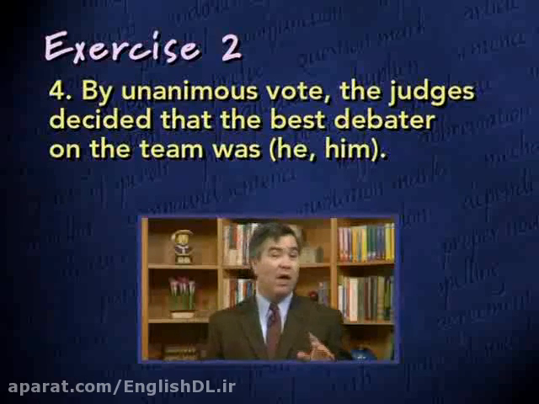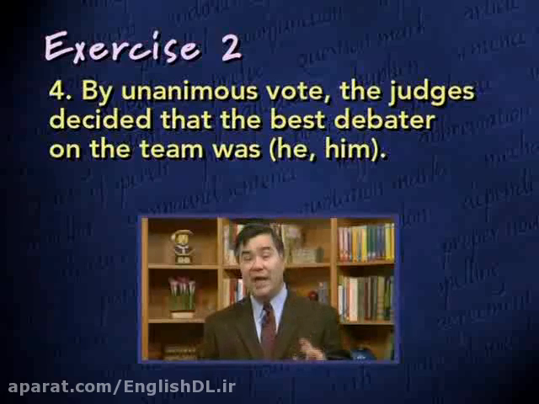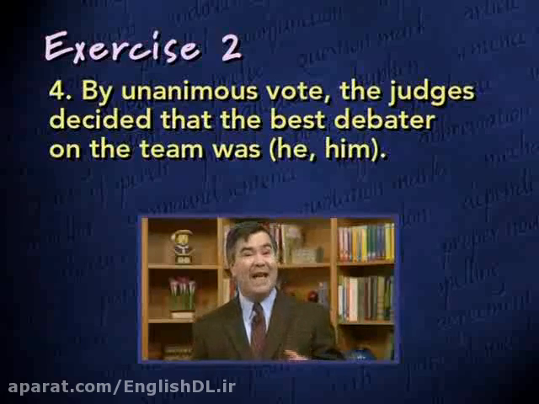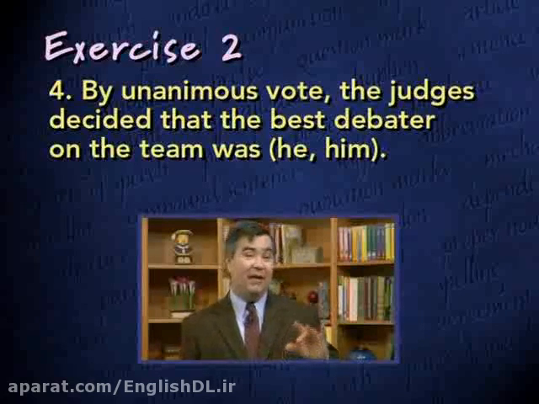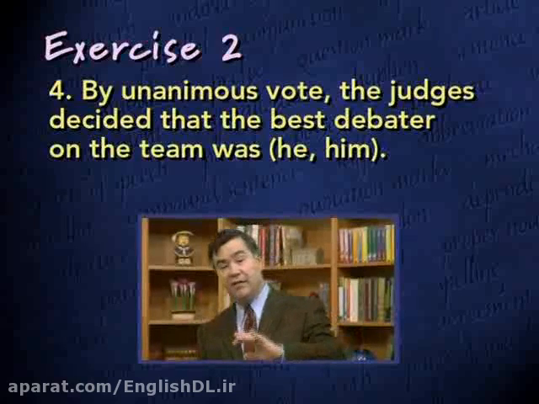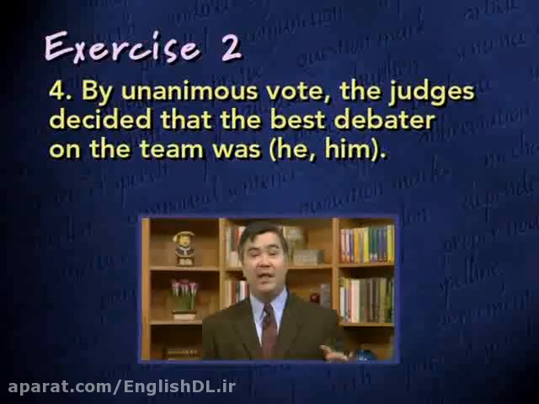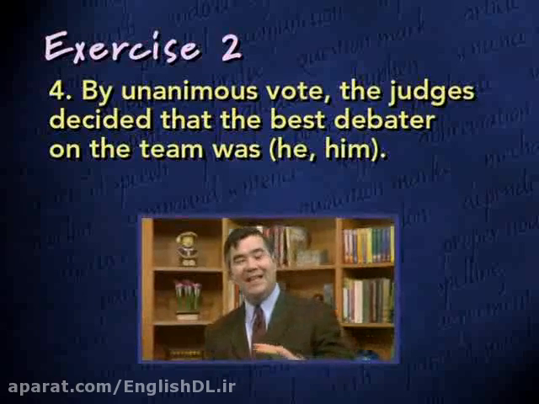Well, remember that one of the ways that a subjective case pronoun is used is when the pronoun is being used as a subject complement. In other words, after a verb of being, a noun or pronoun which follows the verb of being and refers back to the subject of the verb would be a subject complement.